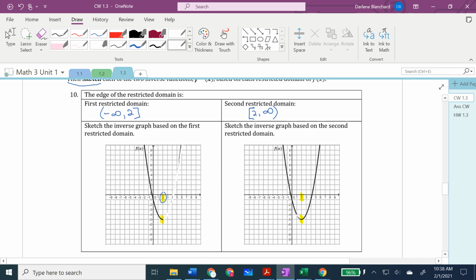I want to cross out what isn't using that domain. And now the only thing you're doing is drawing the graph of the inverse that is coming from the restricted domain half.